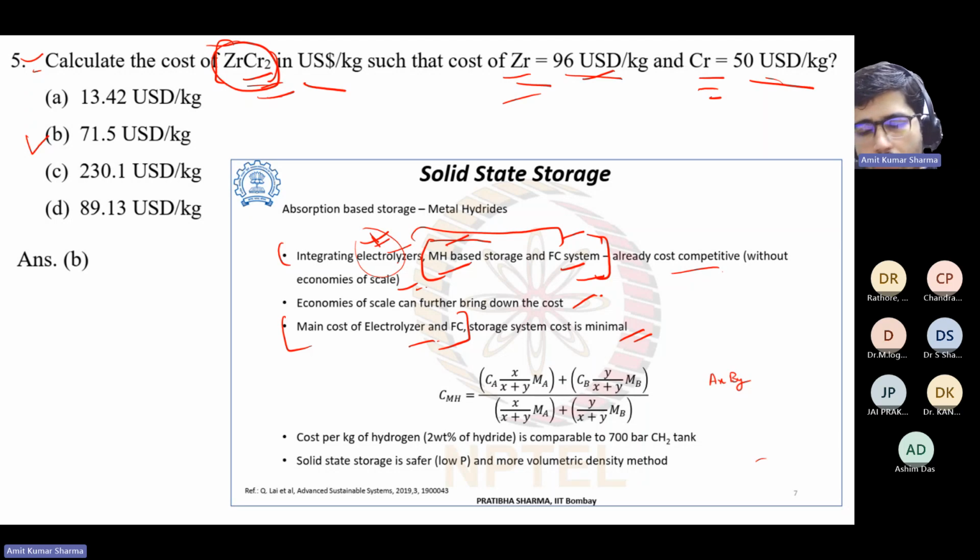And what is the reason for this? Why do the fuel cell and electrolyzers have the major cost component in the system design? Actually, the materials that they are using for anode, cathode, and electrolyte are very costly.